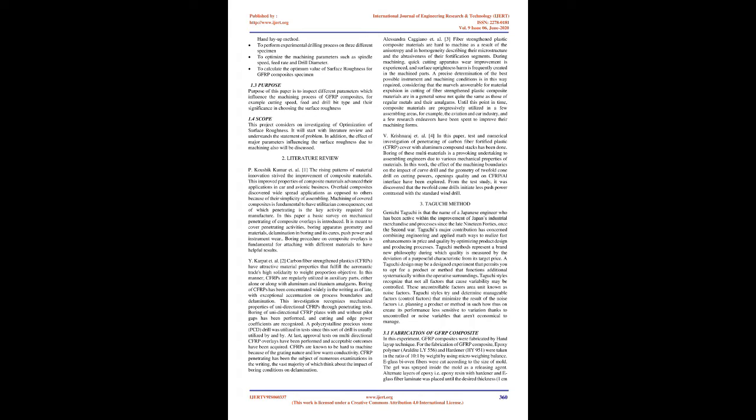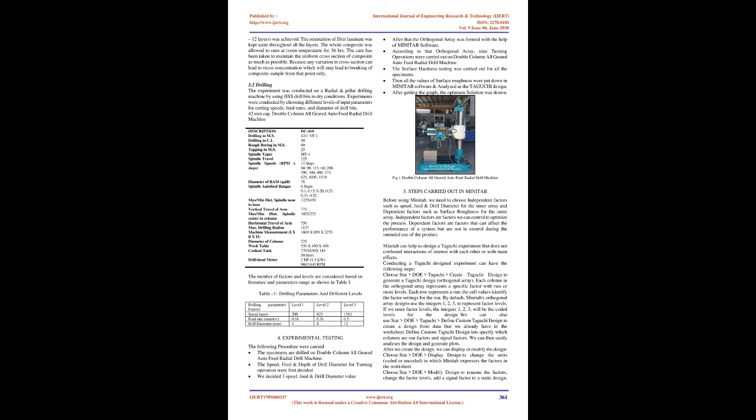Alessandra Caggiano et al. 3. Fiber strengthened plastic composite materials are hard to machine because of the anisotropy and inhomogeneity describing their microstructure and the abrasiveness of their fortification segments. During machining, quick cutting apparatus wear is experienced, and surface uprightness harm is frequently created in the machined parts.